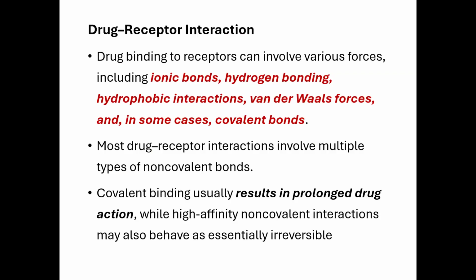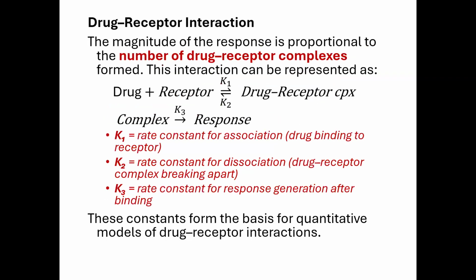Most drug receptor interactions include multiple types of non-covalent bonds, the ones we've been talking about, which are weak. Covalent bonding usually results in prolonged drug actions, while high affinity non-covalent interactions may have essentially irreversible actions.